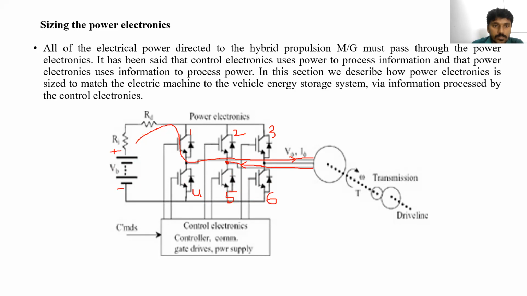So from the positive terminal of the battery through switch 1, and through this phase, A phase for example, and it will leave through the B phase, or A, B, C, for example, the C phase. This is A, this is C. In order to flow the current through the C phase, in order to exit the current through the C phase, which devices should be turned on from this circuit diagram?